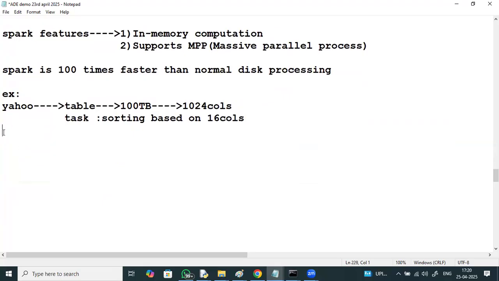Time taken by different databases: Oracle has taken nearly 3.5 days to process this. MySQL has taken nearly 6 days.